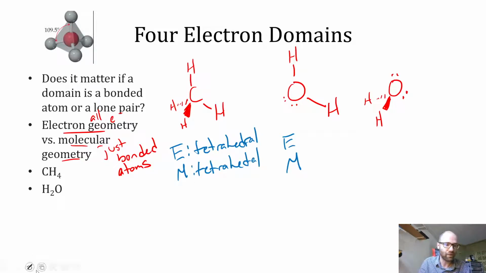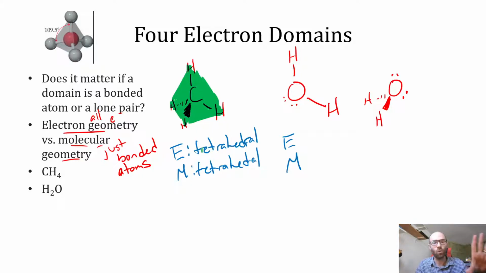So we count all 4 of these bonded angles, and the shape that we make, if we connect all of them, is like this triangle pyramid where you've got these triangle faces, and there's 4 of them, and that's the whole molecule.